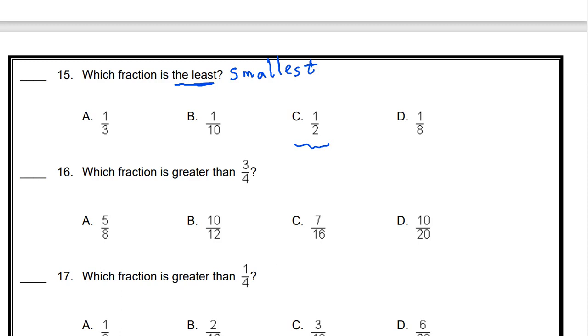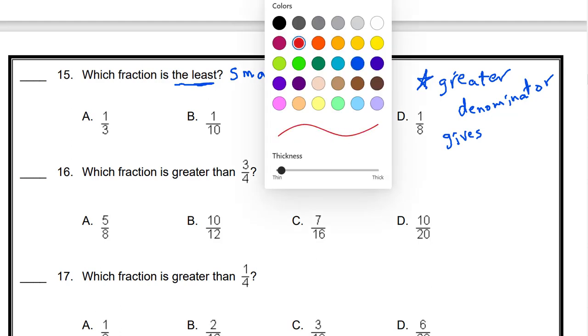Do you remember that note? Yes. Bigger, or let's write it, greater denominator gives smaller fractions.